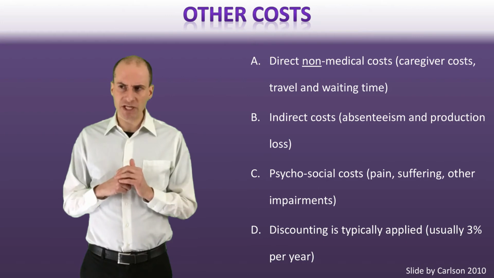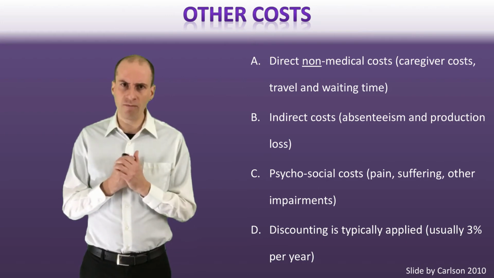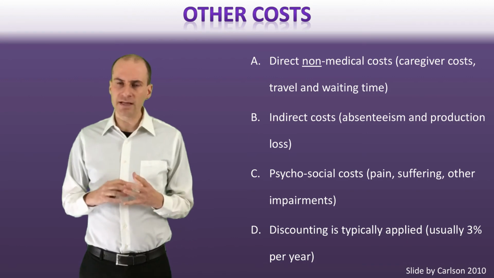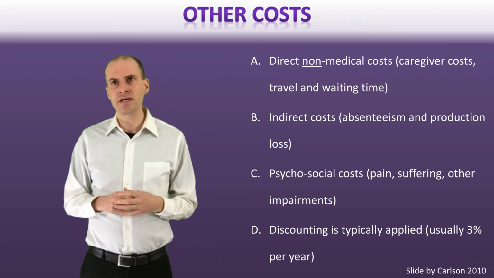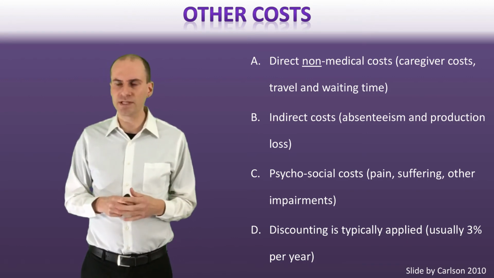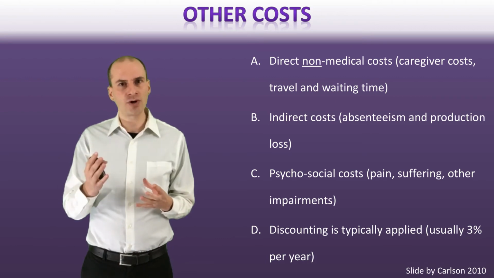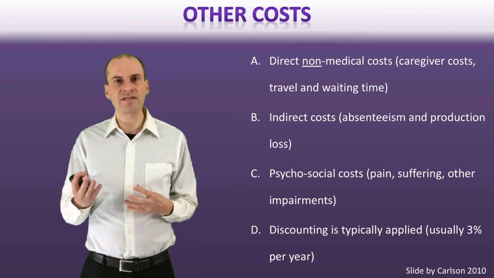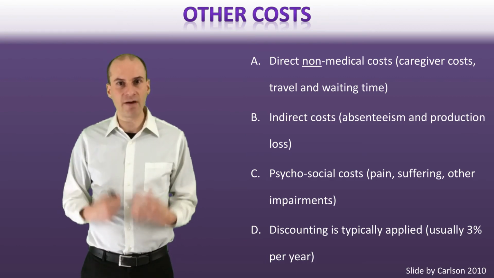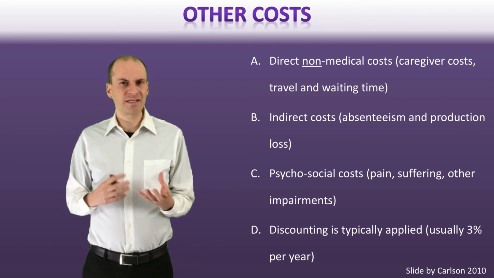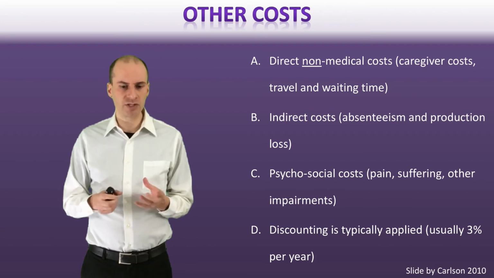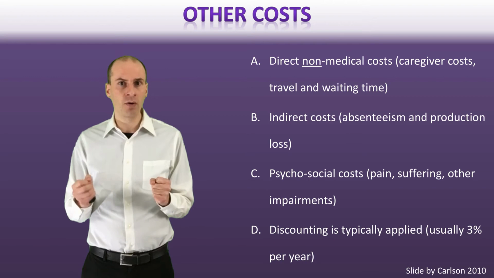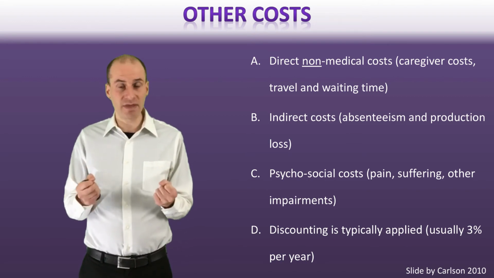The other thing I'll just mention here in terms of costs that I think is helpful is the idea of discounting. This is an interesting concept, which is the idea that future costs or impacts are seen as being less valuable than benefits that we get right now. This is an interesting psychological phenomenon, because if you have the same benefit now versus 3 years from now, in theory you'd think it's actually the same thing.